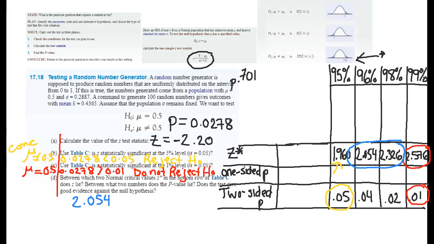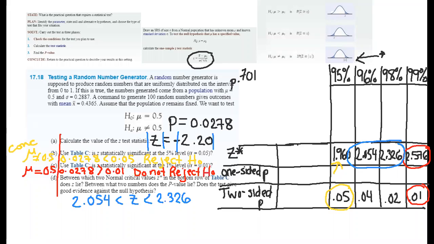So our z-score itself in magnitude, so we'll call z here in magnitude. The test statistic has the negative, but this time we're just talking about the magnitude itself, and not the direction.